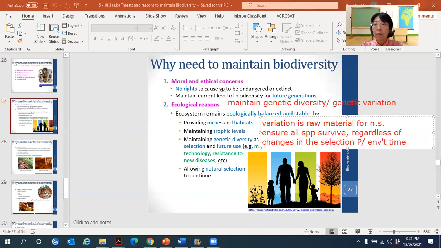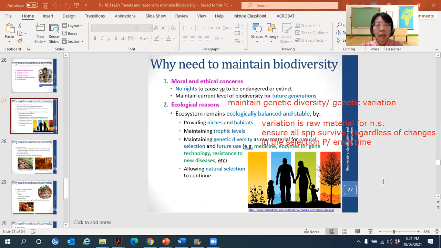So no matter how the environmental condition changes, we want to ensure that there is some allele that can code for a phenotype that allows some individuals of the species to survive so that the whole species will continue to survive on Earth. So therefore, the ecological reason means we need to maintain the species diversity, genetic diversity or genetic variation, to ensure the survival of all species on Earth.